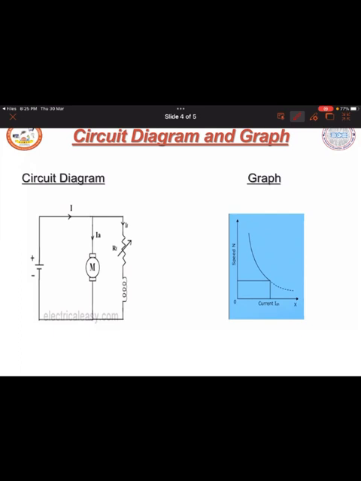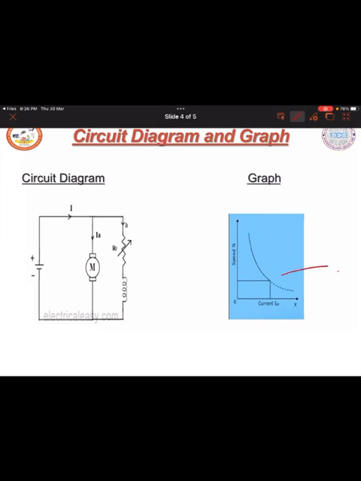As the flux reduces, the speed increases, but high speed will affect the commutation, making the motor operation unstable. As we already discussed, when flux decreases, speed increases, but whenever we go to high speed it affects the commutation and makes the system more unstable. That is the main disadvantage of the flux control method.